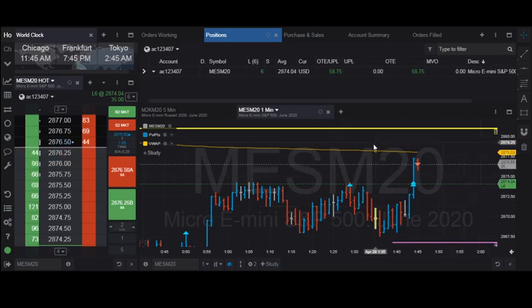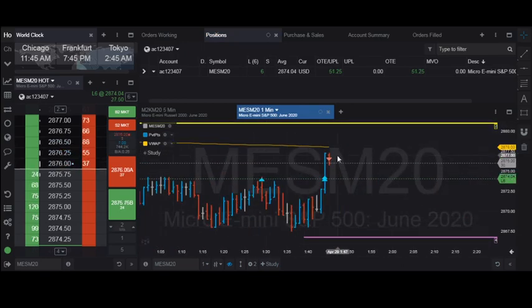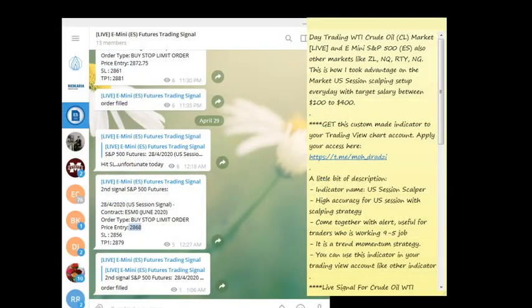So this is based on my entry over here, and based on my live Telegram channel, which mentioned that we have to go long at 28.68 and exit at TP 28.79, which is around 9 points or 36 ticks. So it was a good one.